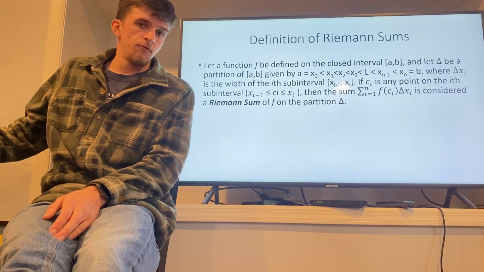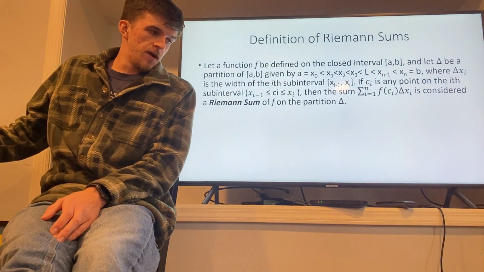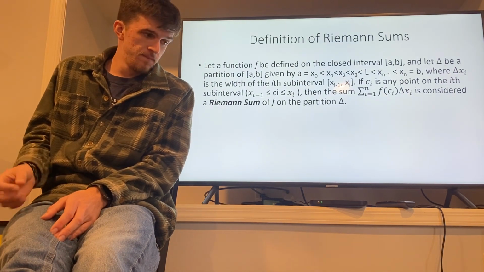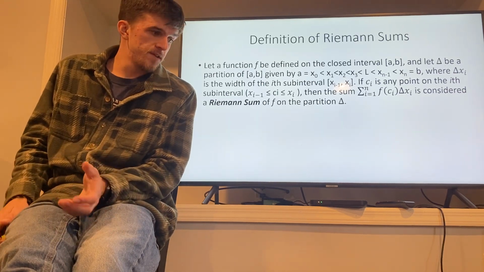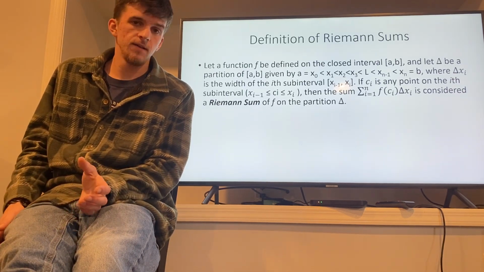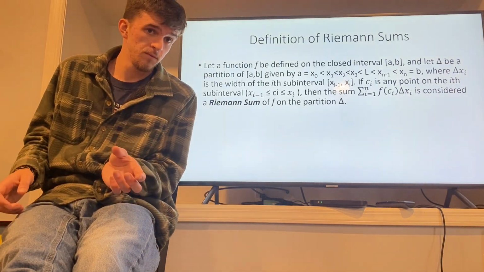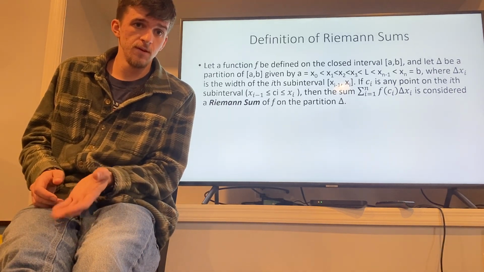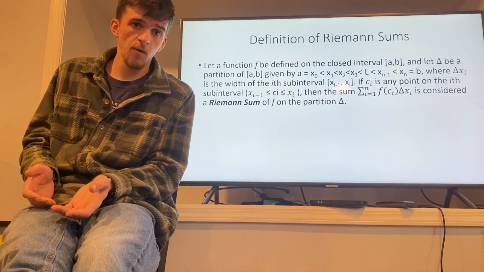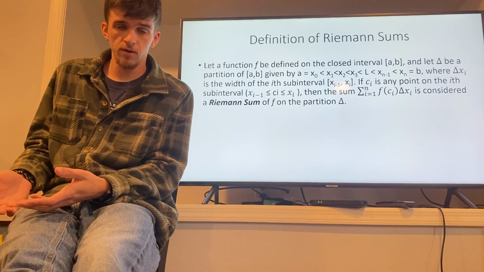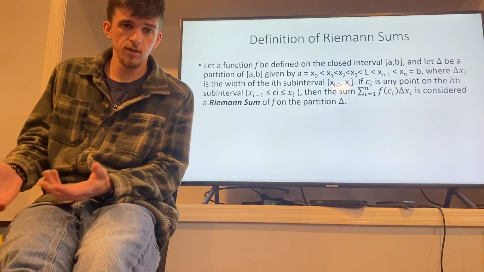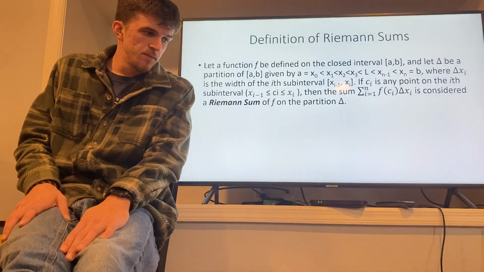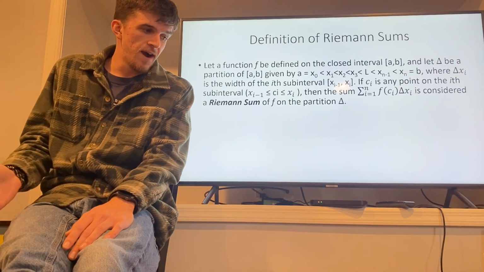Alright, so a Riemann sum can be defined as follows. If a function f is defined on a closed interval [a, b], we let delta be a partition of [a, b], given by a equals x sub 0, our starting point, which is less than x sub 1, which is less than x sub 2, and so on, less than x sub n minus 1, which is less than x sub n, which is equal to b, where delta xi is the width of the ith subinterval.